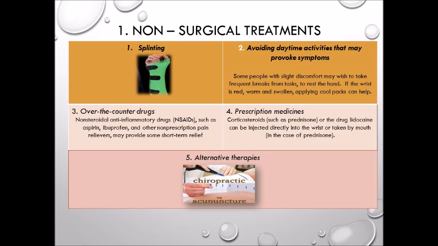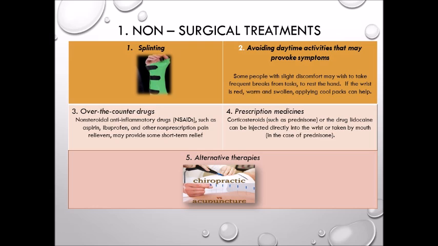For splinting, the initial treatment is usually a splint worn at night. Avoiding daytime activities that may provoke symptoms, sometimes they use a cold pack applied to help with discomfort. For prescription medicines, they take a medicine such as prednisone, or the drug lidocaine can be injected directly into the wrist or taken by mouth.